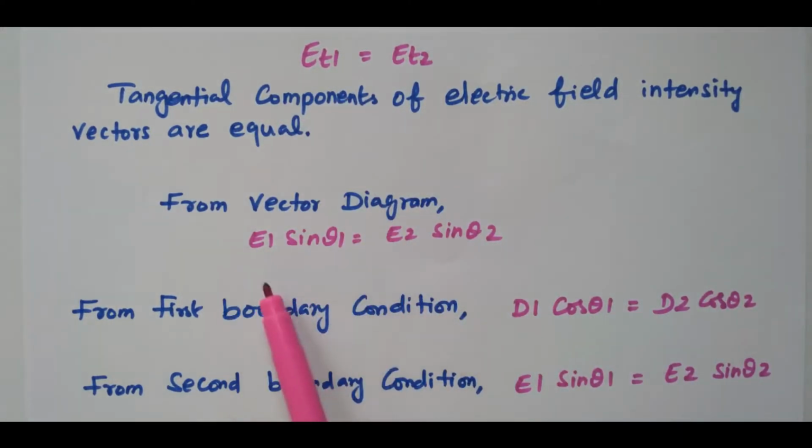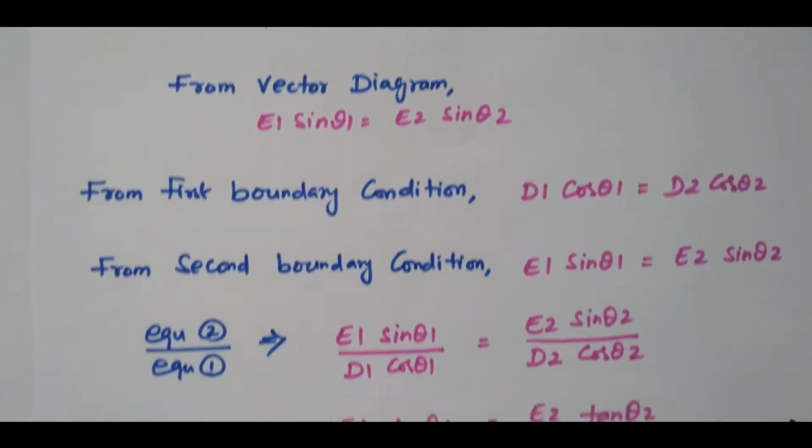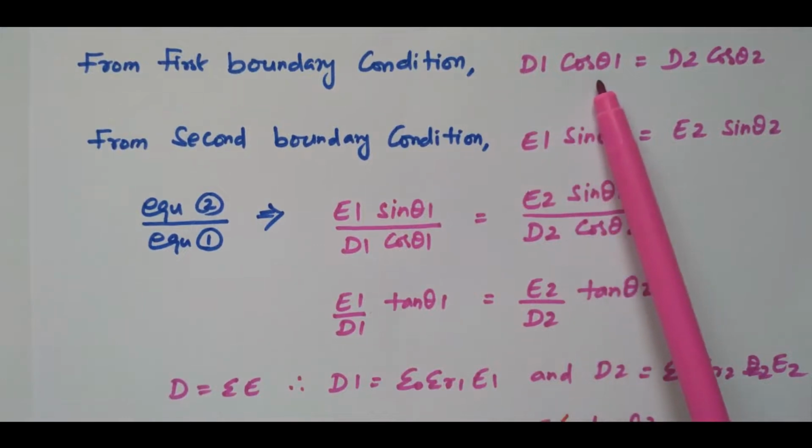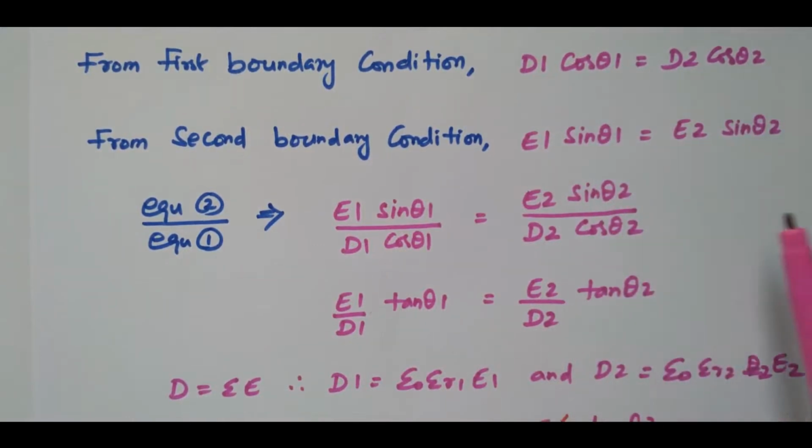From the vector diagram we can write E1 sin theta 1 equal to E2 sin theta 2. Similarly, from the first boundary condition, D1 cos theta 1 equal to D2 cos theta 2. Second boundary condition, E1 sin theta 1 equal to E2 sin theta 2.